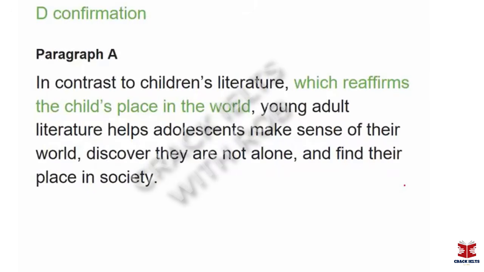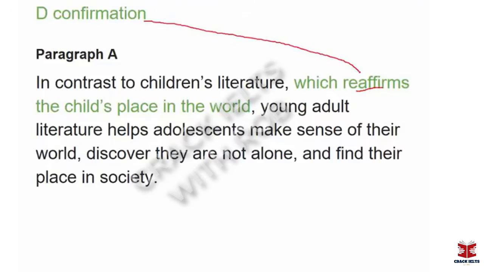In contrast to children's literature, which reaffirms the child's place in the world, young adult literature helps adolescents to make sense of their world. Okay, so children's literature reaffirms a child's place in the world. It gives a child a sense that they belong in the world, and reaffirm means something very close to confirm.